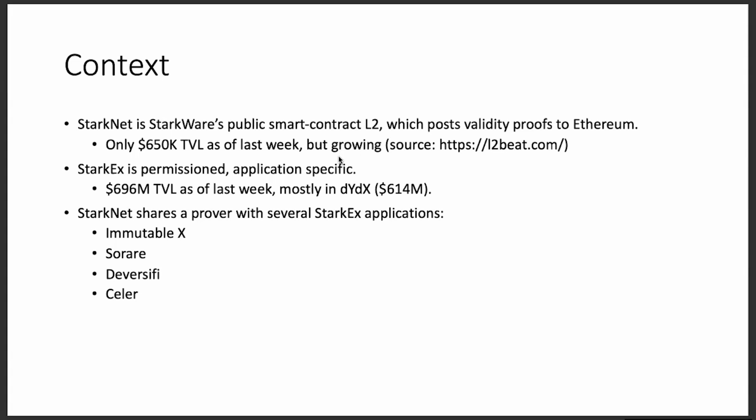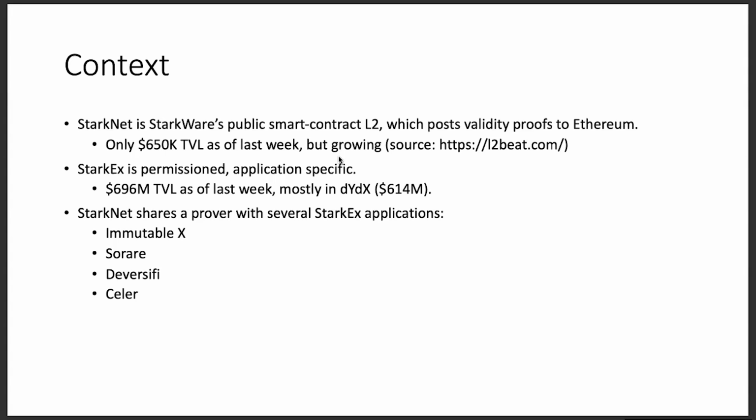StarkX, in contrast, is permissioned and application specific. It's been running much longer, and there's much more value locked up in it right now. The main client is DYDX, which is a decentralized exchange, although apparently they're leaving Ethereum soon. But for what I'm going to describe, you can forget DYDX.